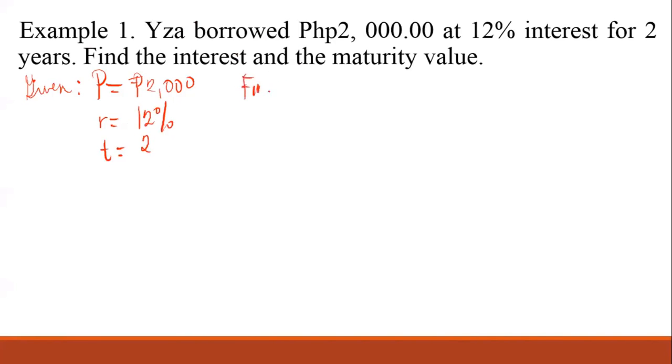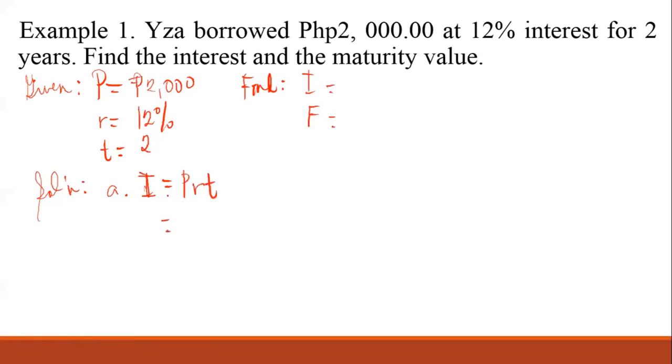So we have to find the interest and the maturity value. Solution: first, we have to find the interest. Madali lang yung formula natin in finding the interest. I is equal to PRT.